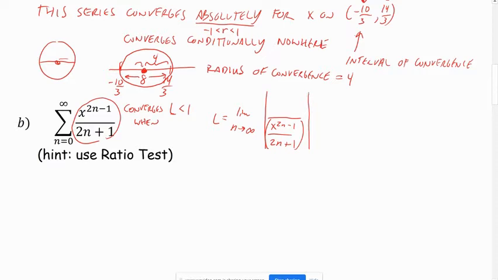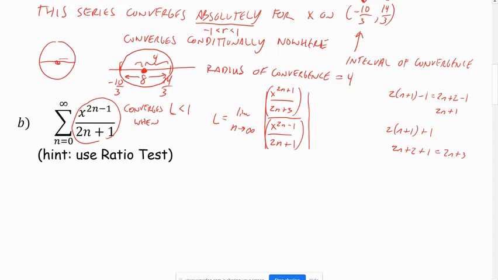So then this is going to be x to the 2n plus 1, because 2 times (n plus 1) minus 1, that's 2n plus 2 minus 1, is 2n plus 1. And so x to the 2n plus 1 over 2n plus 3, because 2 times (n plus 1) plus 1 is 2n plus 2 plus 1, or 2n plus 3.